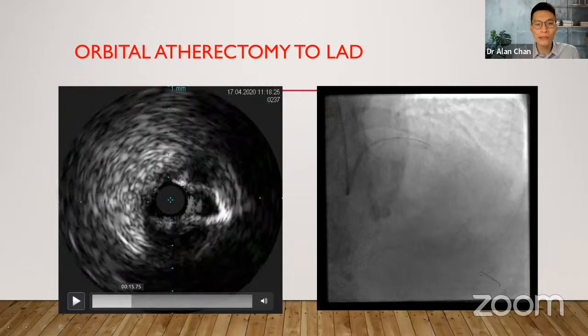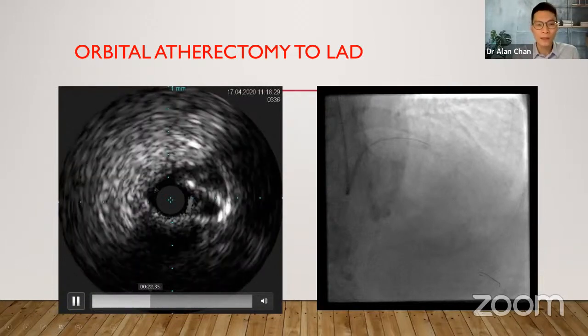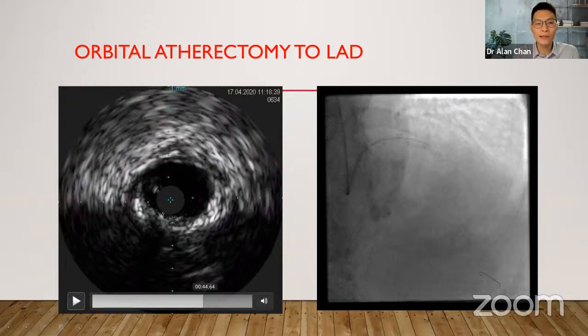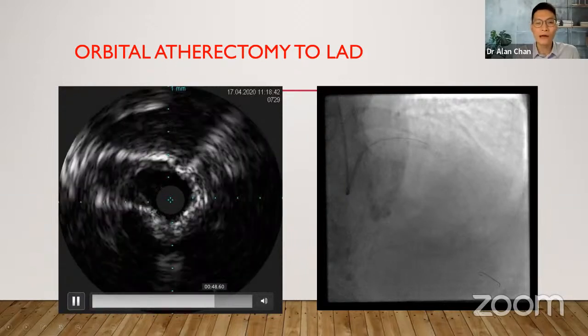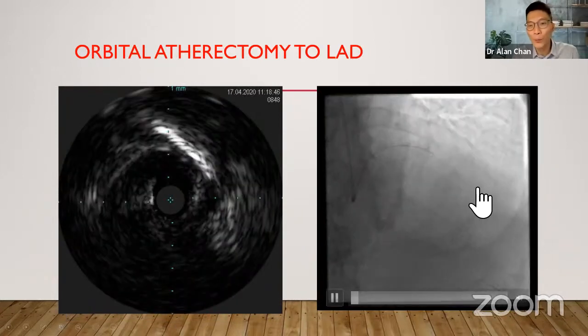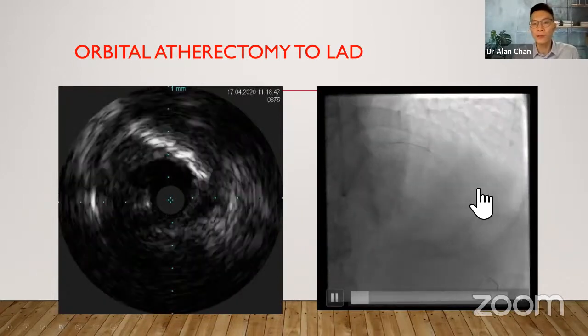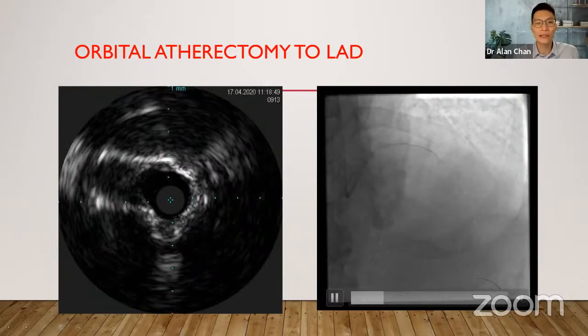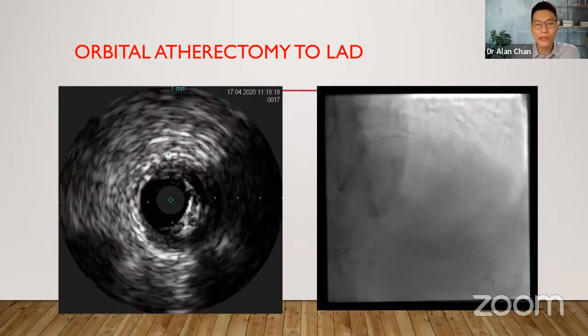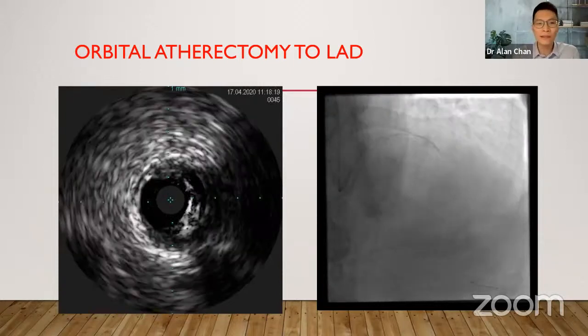When we pull back all the way, you can see the very concentric and thick calcium, and then the critical tight lesion despite the initial Shockwave. So we use the orbital to treat the proximal to mid segments in order to modify the uncrossable lesions in this particular case, and we again tried to avoid rotational atherectomy because of CVAS.